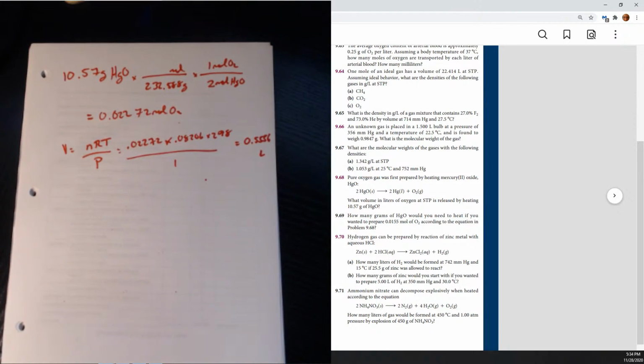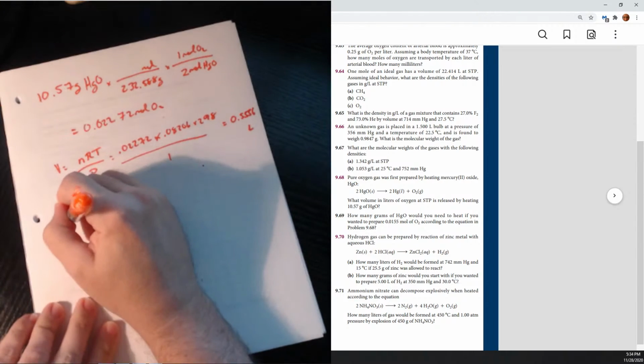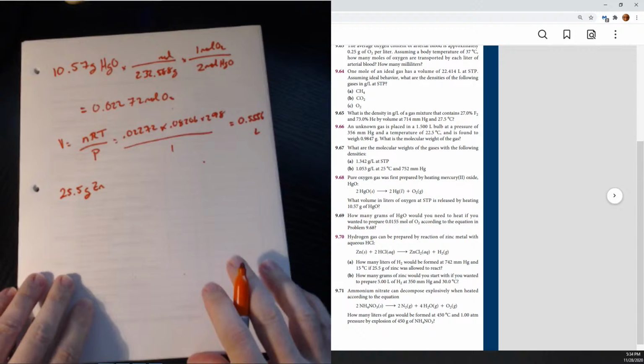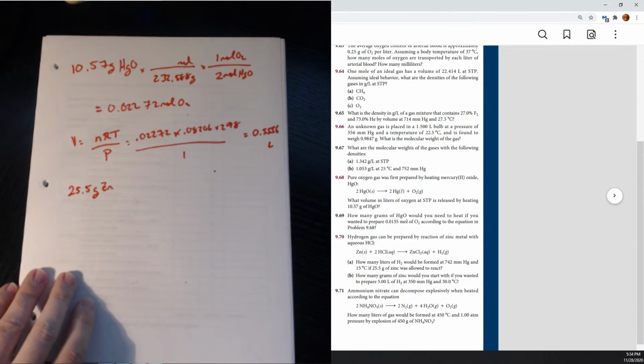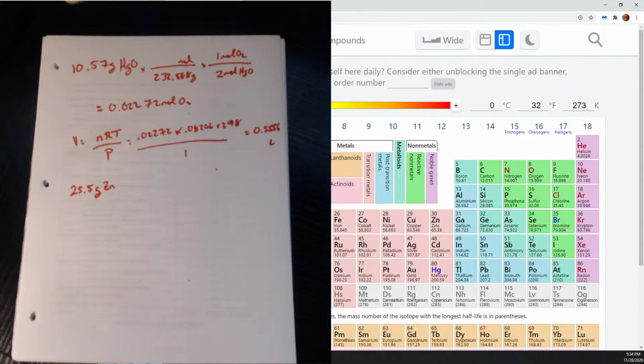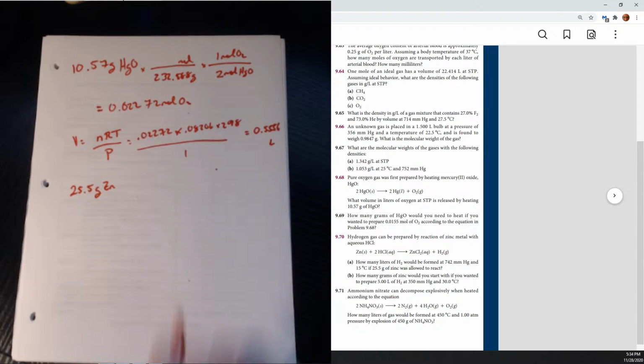Still, just a bog standard stoich. So 25.5 grams of zinc. It's going to be a 1-to-1 ratio. So once we get the molar mass of our zinc, 65.38.